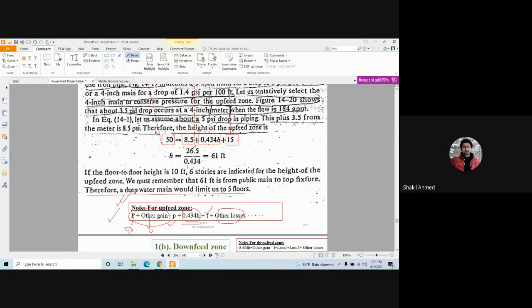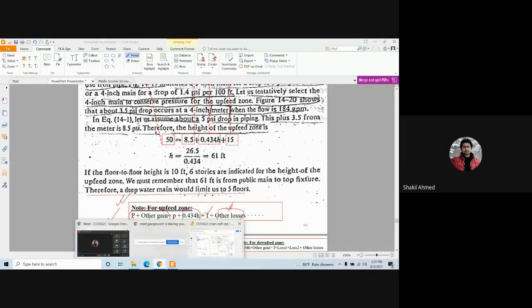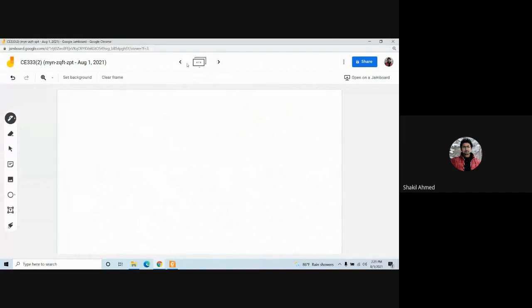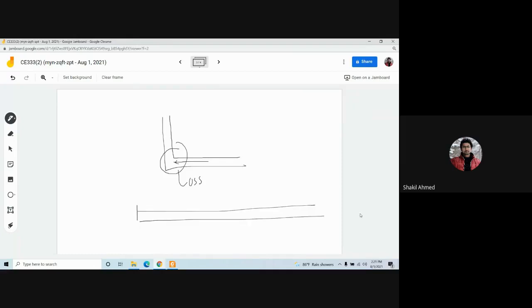Fine. Now, the question that you have asked, how would you know how much losses will be there? It's a good question. Now remember, loss is mainly due to the friction in the pipe. Friction is associated with the length of the pipe.